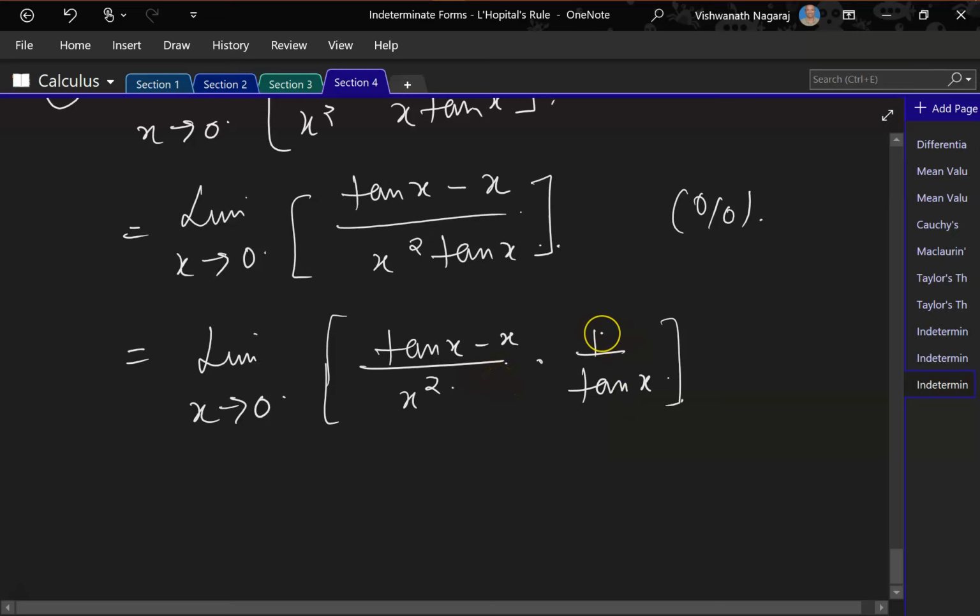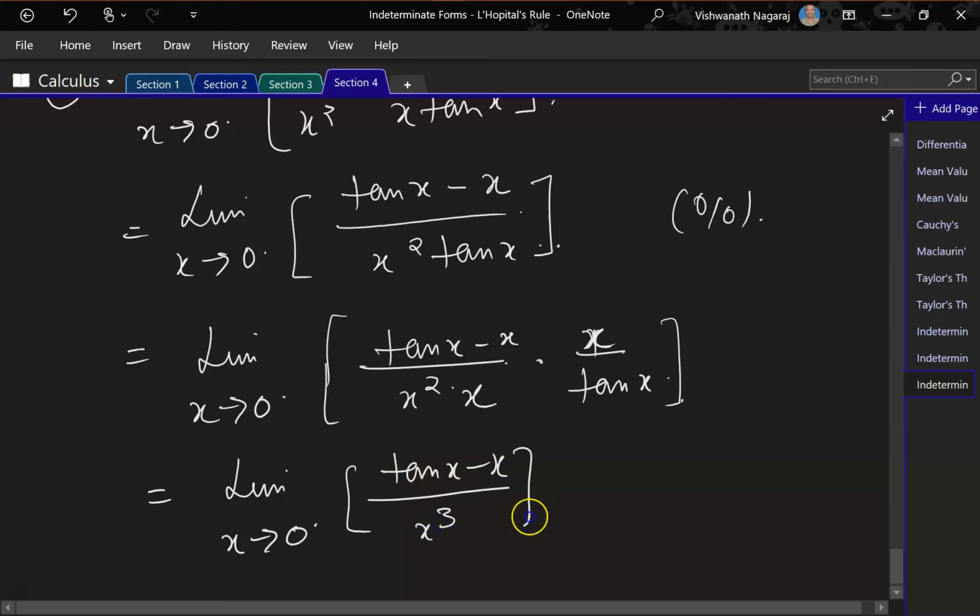I need an x here, so let's put an x here. If I put an x here, I have to put an x in the denominator as well. So I put it here, and now I split the limit itself. Tan x minus x by x cube times limit as x approaches 0 of x by tan x.